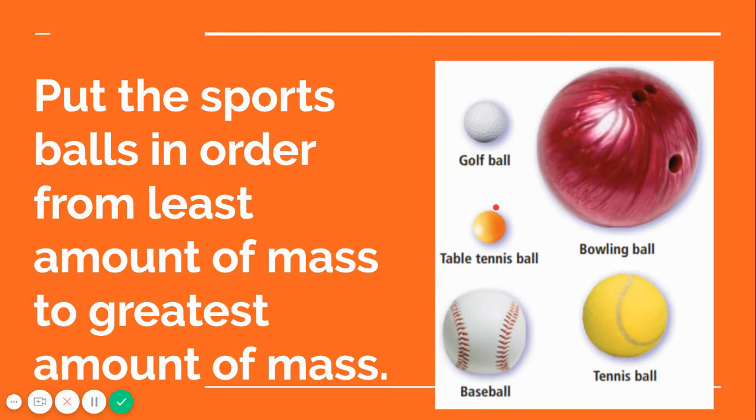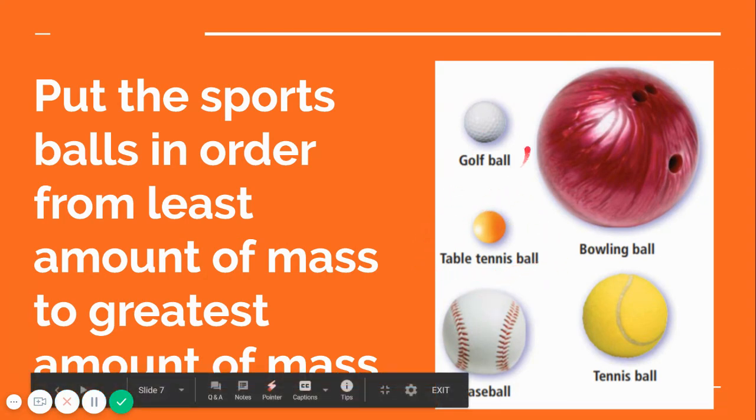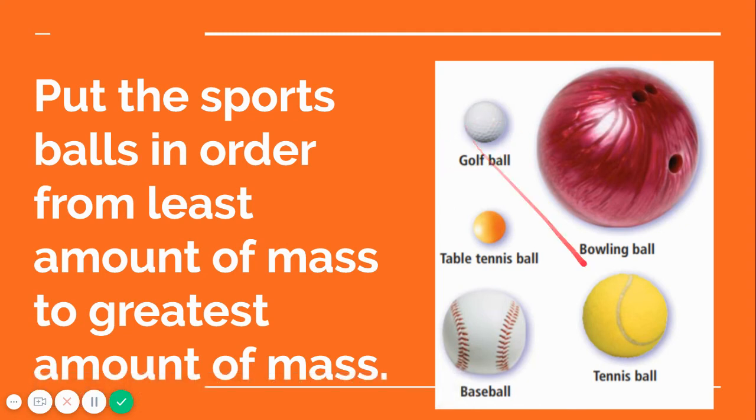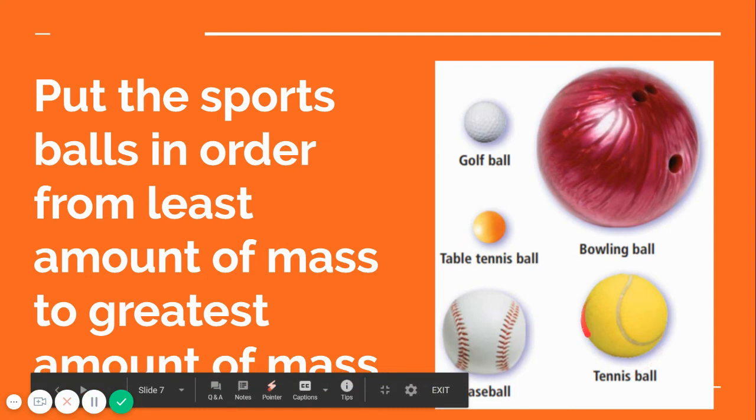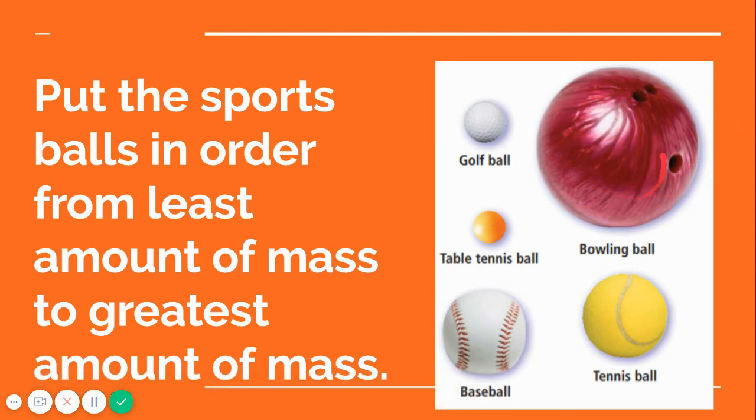Probably this table tennis ball. It's teeny-tiny. What would be next? I think the golf ball. After that, the tennis ball. Next, the baseball. And who's going to be the heaviest? Definitely the bowling ball. The bowling ball is going to have the greatest mass, the greatest weight.